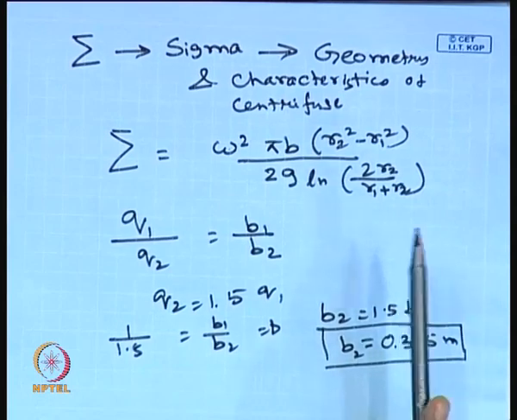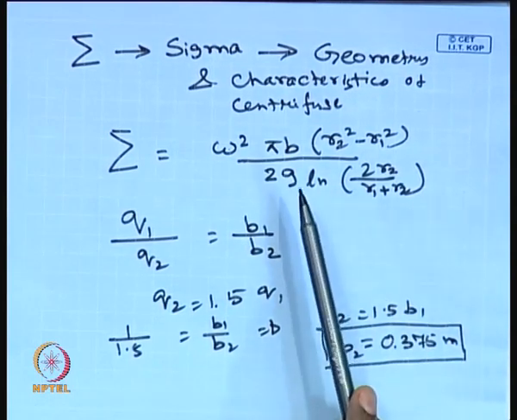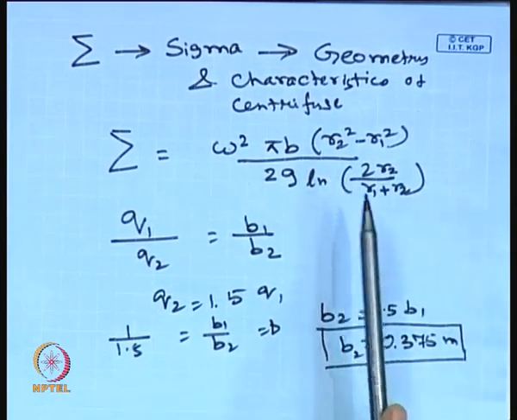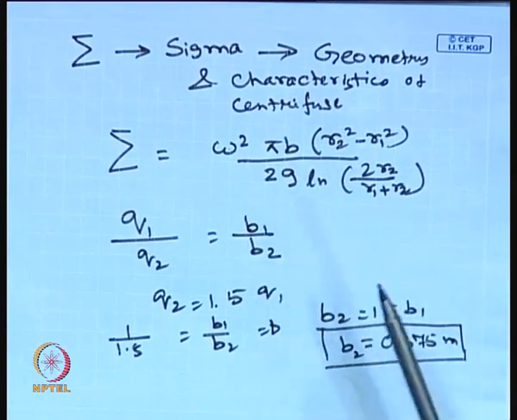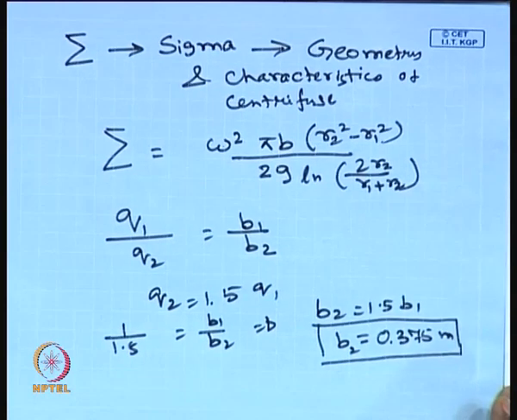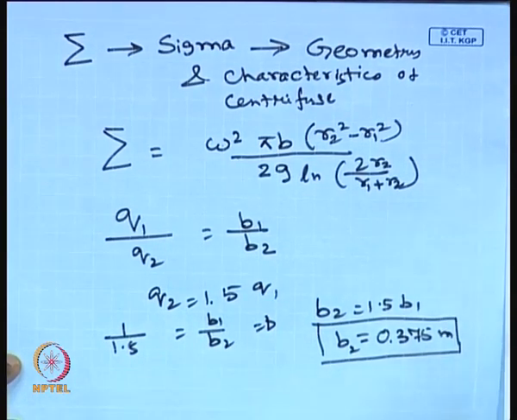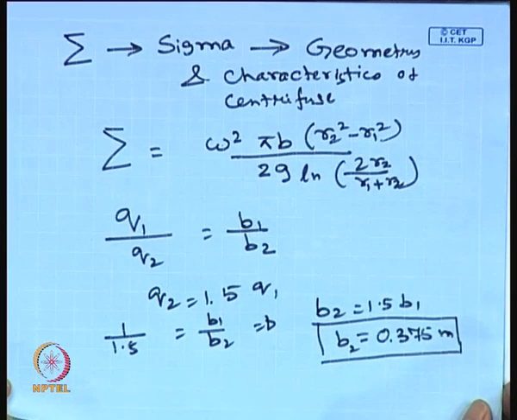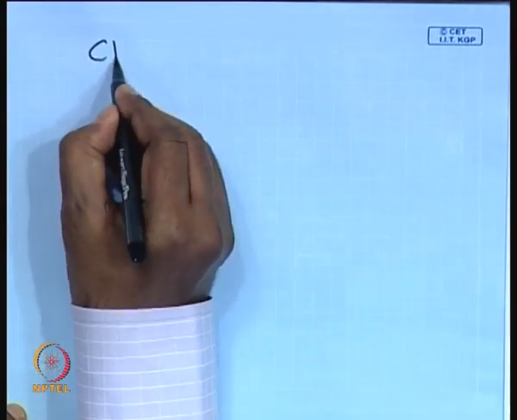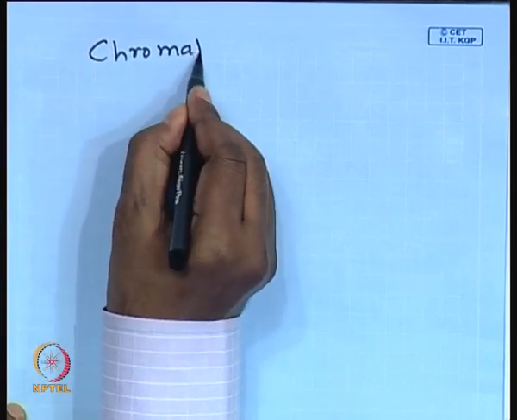For example, if you would like to keep the value of B constant and vary R1 and R2, that gives an idea how different geometrical variables will be determined when you are going for a scaling up operation. So, this gives a complete idea of scaling up of a centrifuge. Okay. Next, we will move on to the next separation process, that is chromatographic separation process.